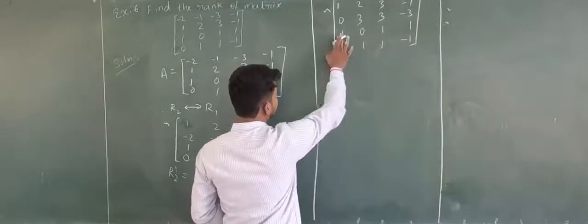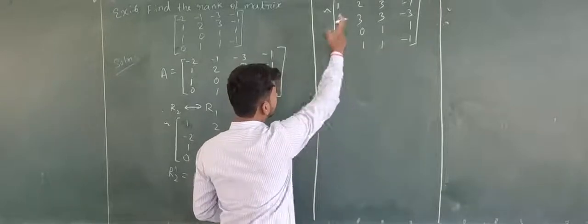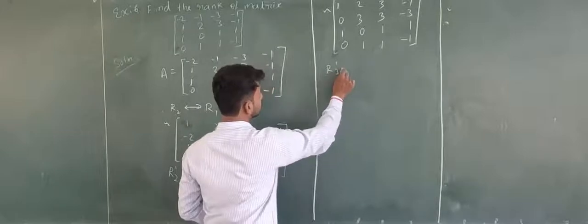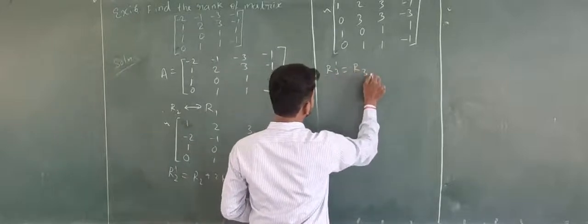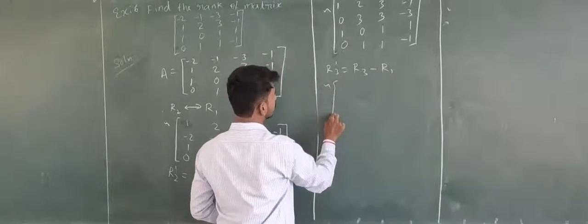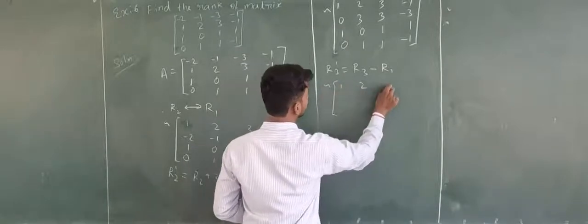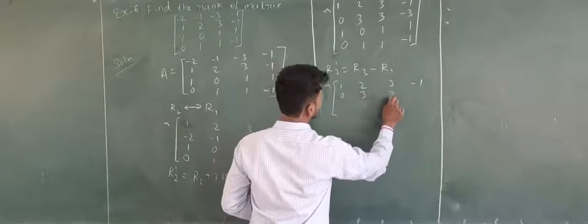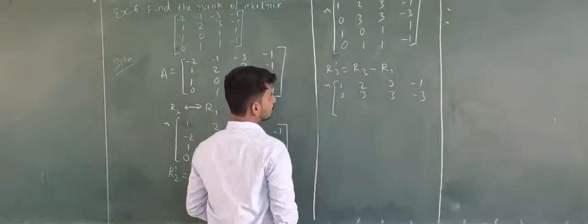To make this term 0, we will use the first row, that is R3 dash equal to R3 minus R1. The matrix is 1 2 3 minus 1, 0 3 3 minus 3.